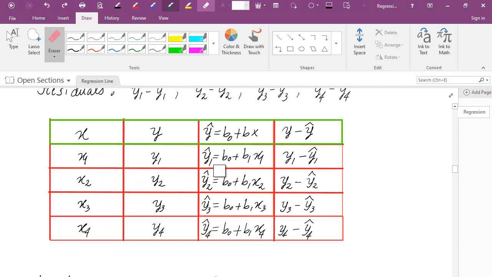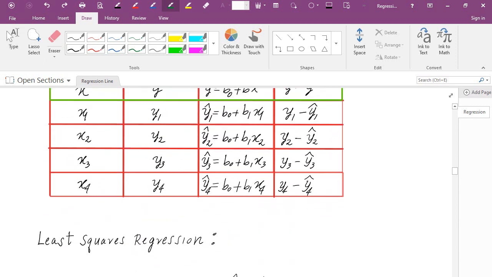So these are y1 hat, y2 hat, y3 hat, y4 hat. These are the values of y given by the equation of the trend line corresponding to the x values in the data set. And in the last column I have the residuals. So these are the vertical distances from the data points to the trend line.